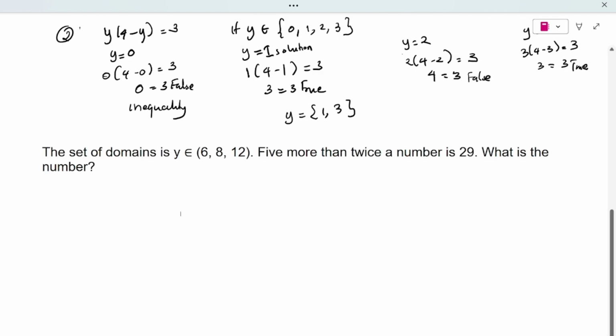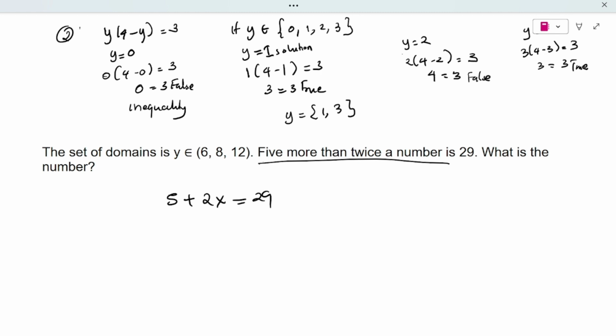So for instance, we have this word problem. The domain set is y equals 6, 8, and 12. And this is our question: 5 more than twice a number is equal to 29. What is the number? So we have to find which number is going to be used here.